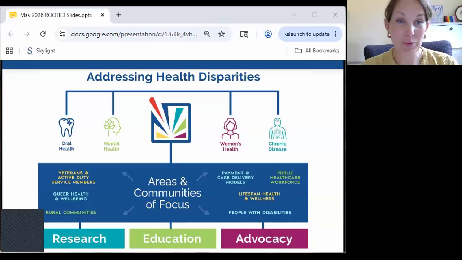We have a new framework that reflects the belief that health disparities emerge where health systems, social drivers, and community experiences intersect. We recognize that issues like oral health, mental health, chronic disease, and women's health are shaped by policy environments, care delivery structures, workforce capacity, and the lived experiences of the communities most affected. Our foundation and focus has always been oral health. You will see these expanded health issue areas because our research shows the intersection of chronic disease, women's health, and mental health at oral health access.